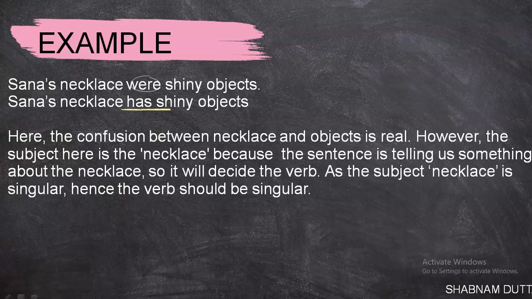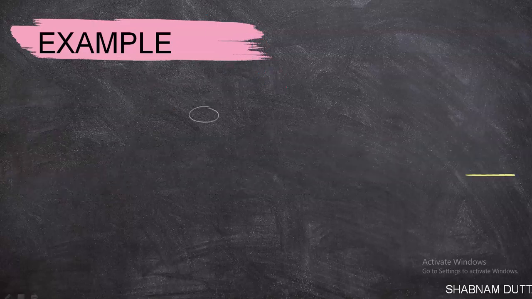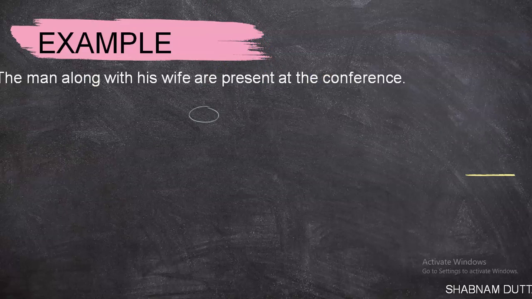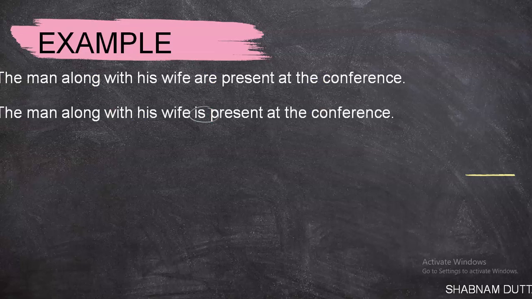Clear? Now let's check another example, and tell me which sentence is right. "The man along with his wife are present at the conference," or "the man along with his wife is present at the conference."